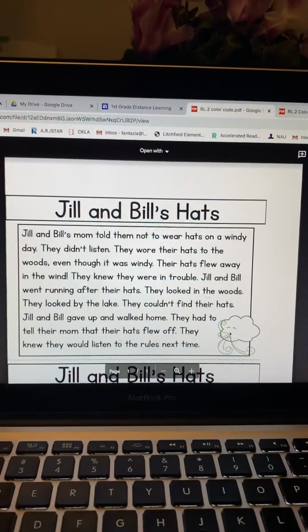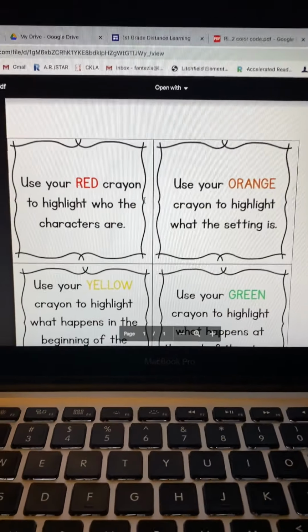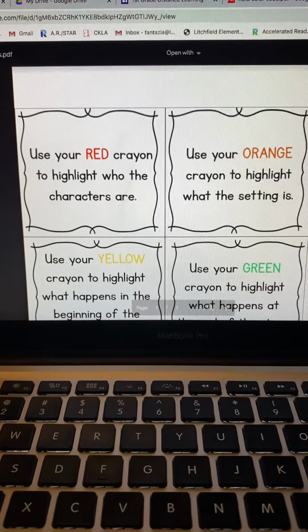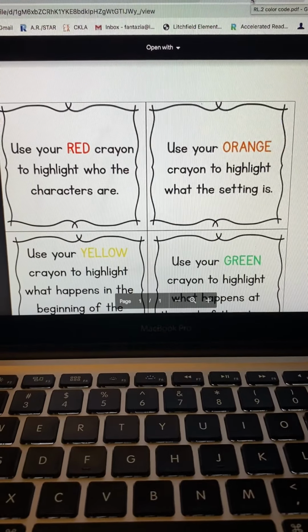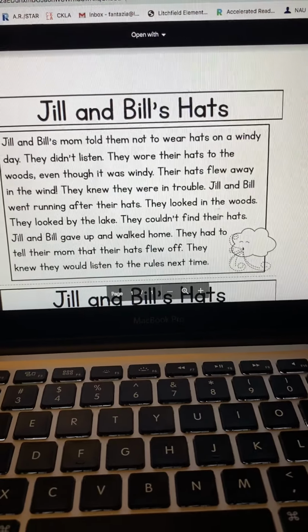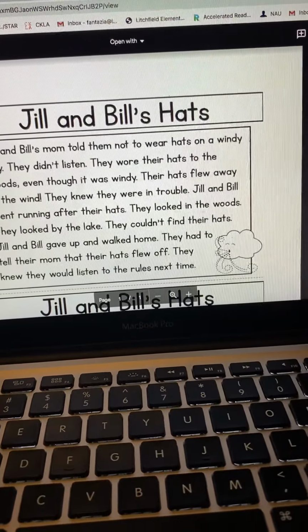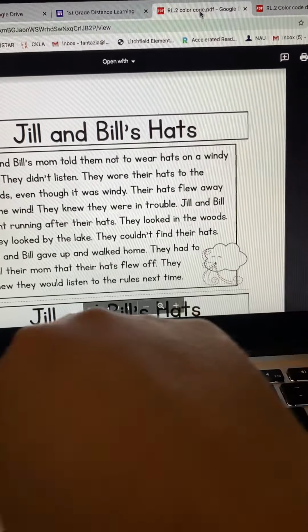So what I'm going to do is look at my color code. So it says use your red crayon to highlight who the characters are. So I'm going to go back to my story. And who were my characters? Well, I'm looking at the title, and then I notice that in the story they keep repeating the same people.